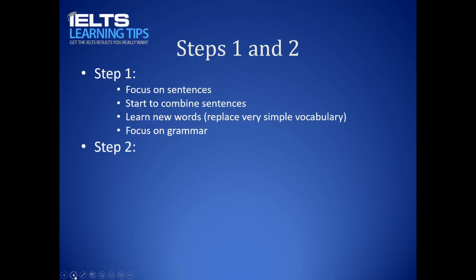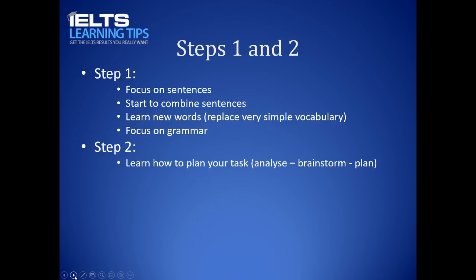Okay. Now, when we get to step 2, we should by now have at least a paragraph. So now we can start to plan out the task. So what are we going to put into our task? What needs to go in according to the question? So in order to do that, you need to analyze the question, analyze the data, analyze the letter task.